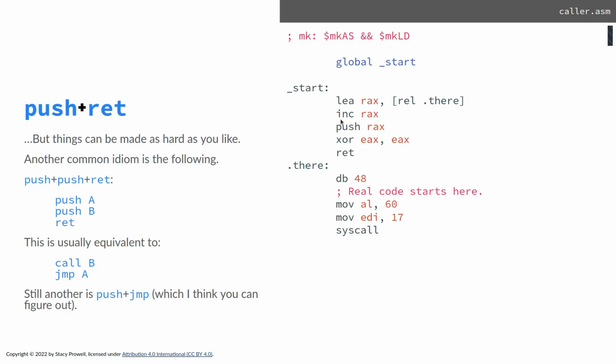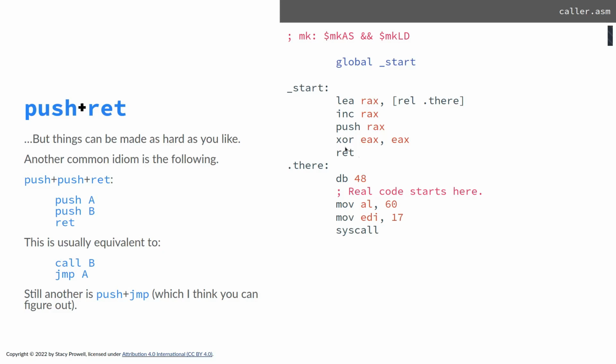Well, it goes to what's on the top of the stack, which is RAX, which is 1 plus the address of there. So this return is really a jump over this weird data byte to here, which then puts 16 in AL, 17 in EDI, and does a syscall. So it exits with value 17. So there you go. I did a push return.